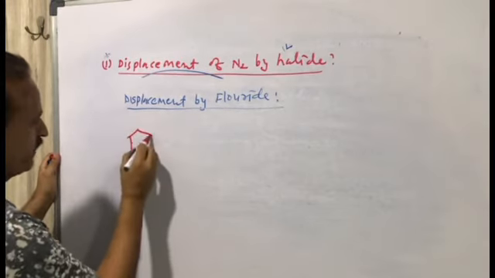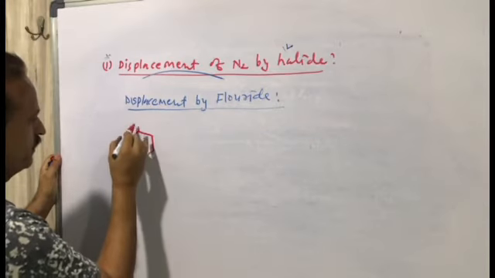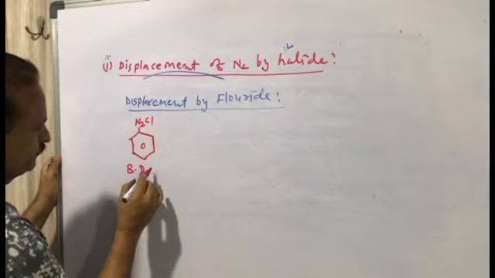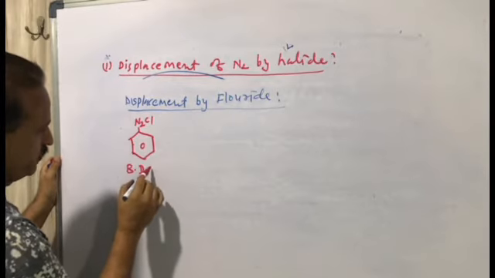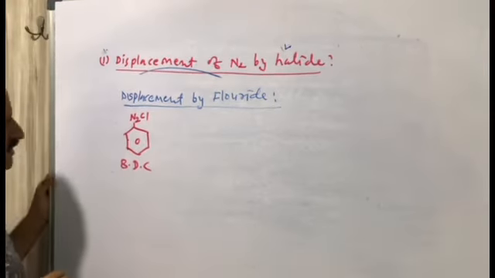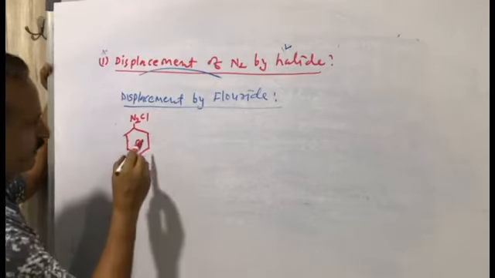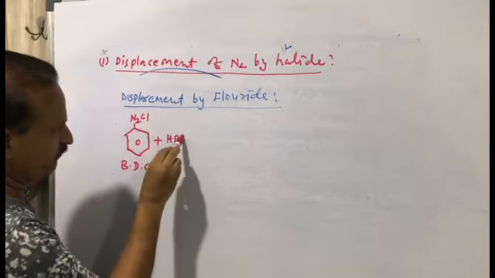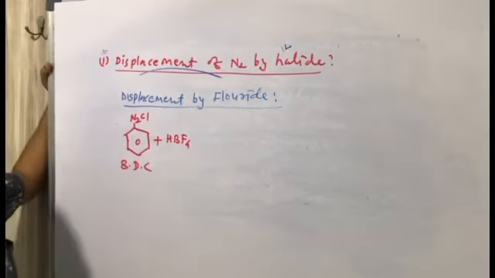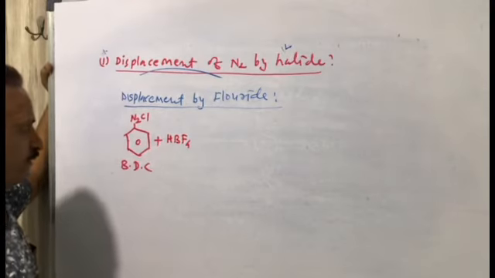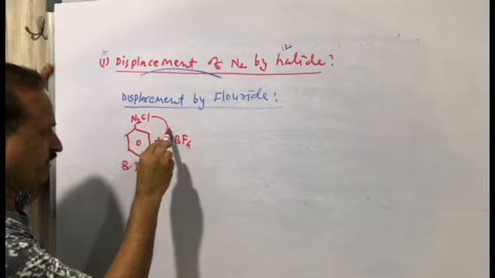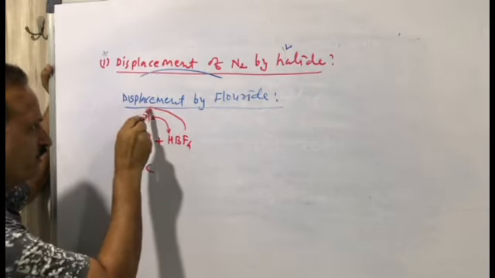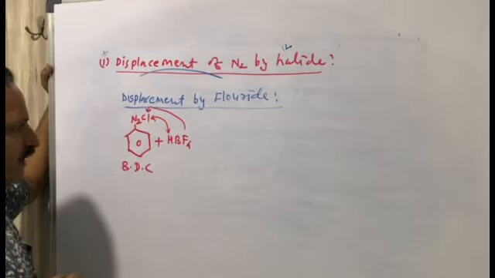So we are having benzene diazonium chloride, N2Cl, BDC, which will react with fluoroboric acid, HBF4. This is fluoroboric acid. So this H will react with Cl and BF4 will attach in place of chlorine.